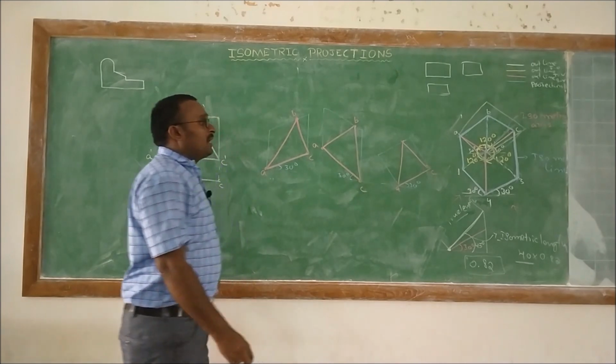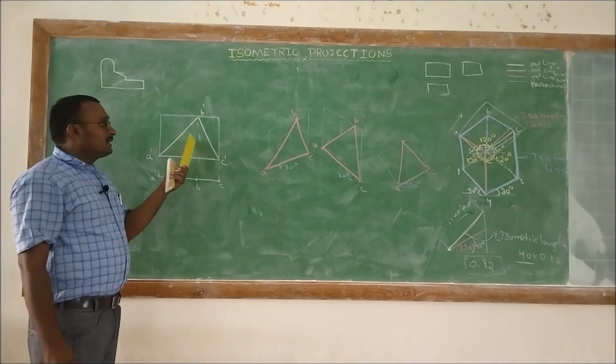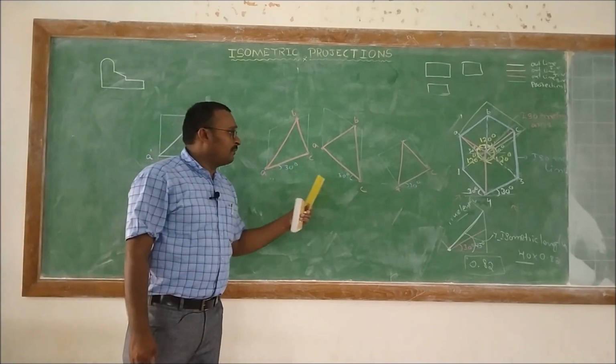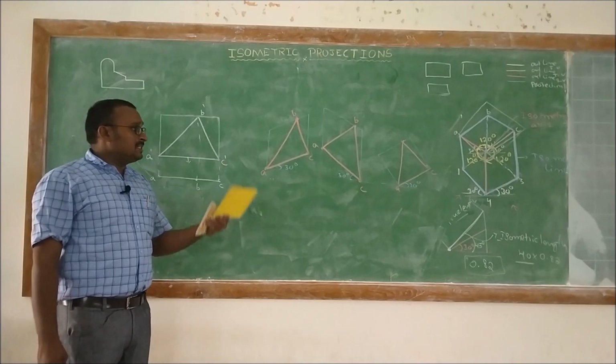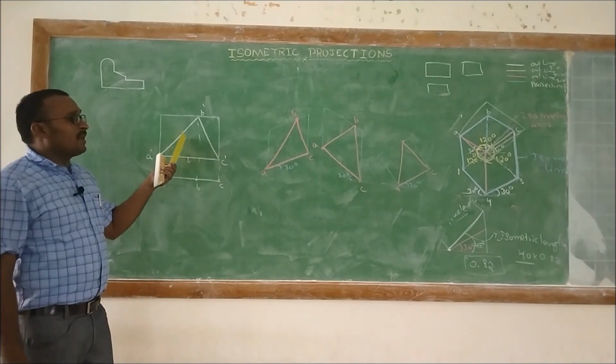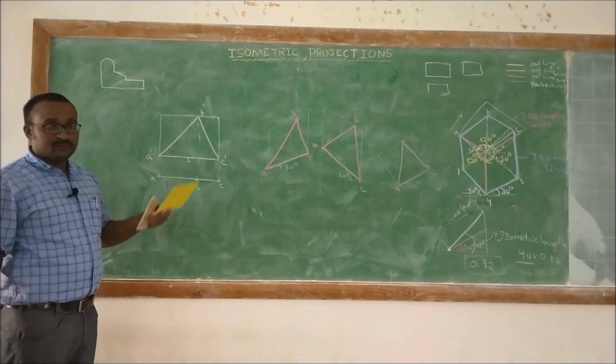Like this, we convert that particular triangle into three views: front view, side view and then top view. Please remember that whenever we convert these non-isometric lines, we must calculate.